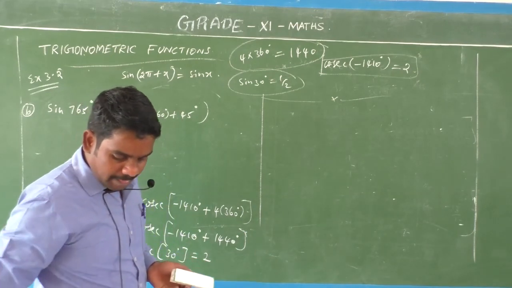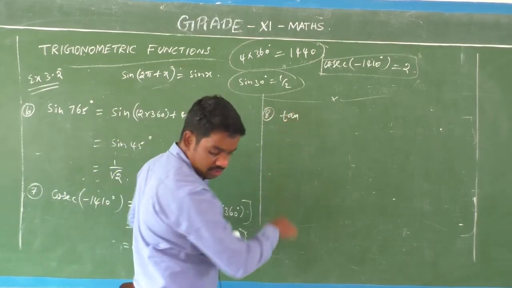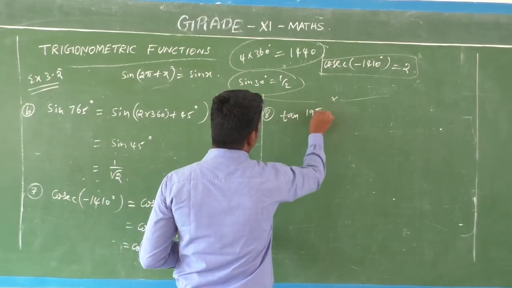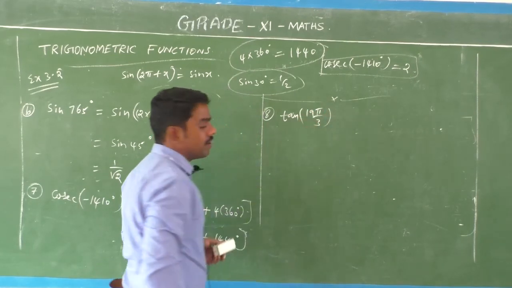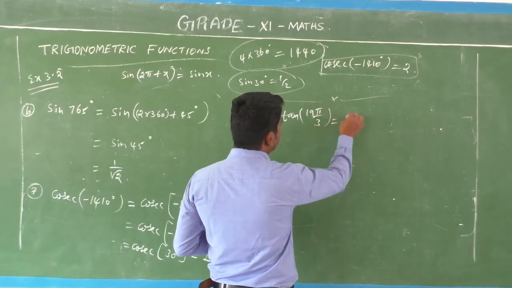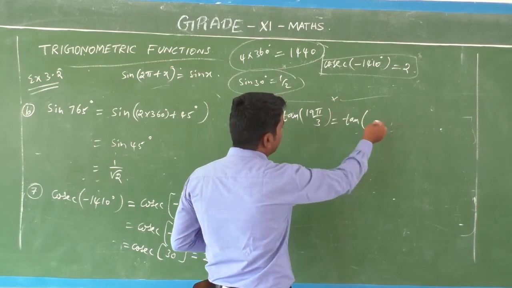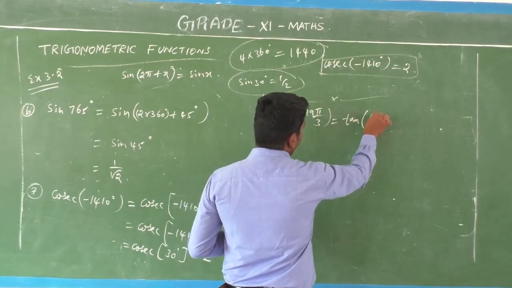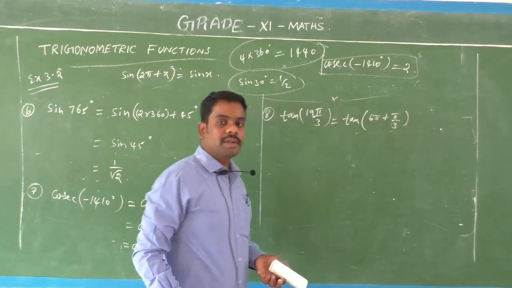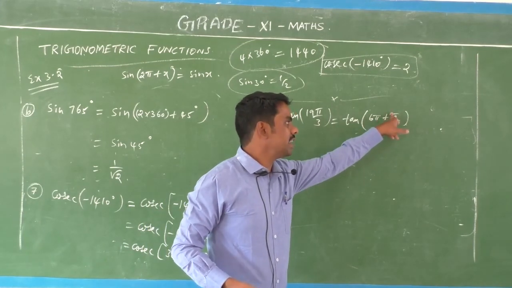Eighth question. Tan 19 pi by 3. Tan 19 pi by 3 is written as tan of 6 pi plus pi by 3. 6 3s are 18, 18 plus 1 pi, 19 pi by 3.